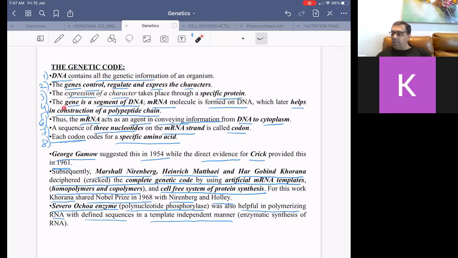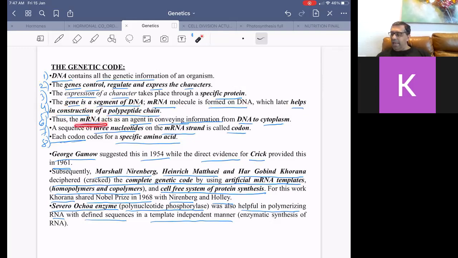A gene is a segment of DNA. mRNA is formed on the DNA by transcription, and then mRNA helps in construction of a polypeptide chain by translation.